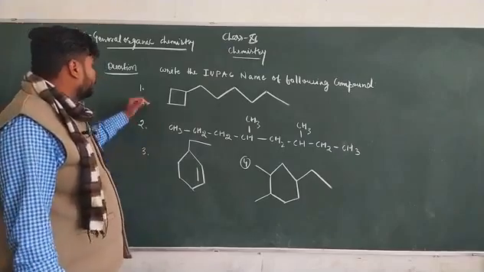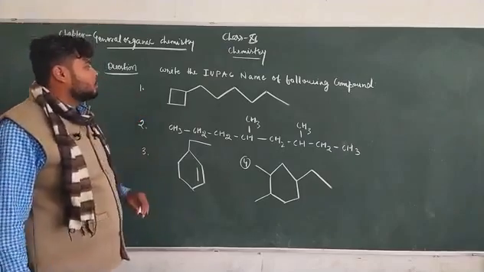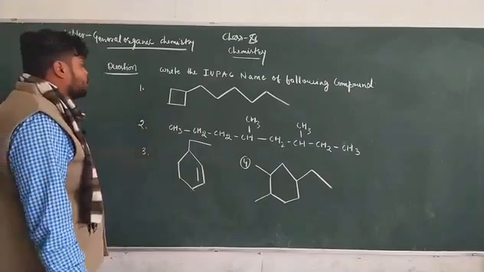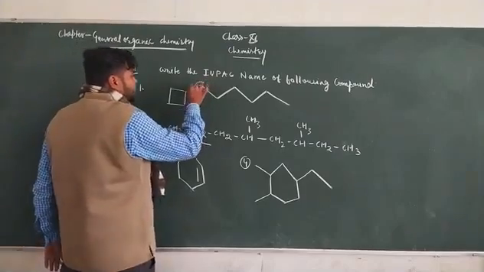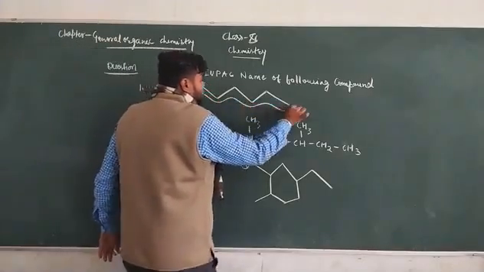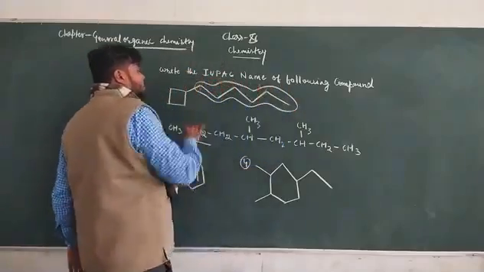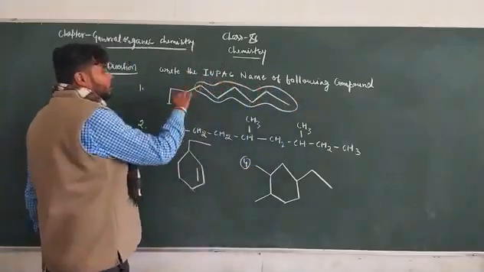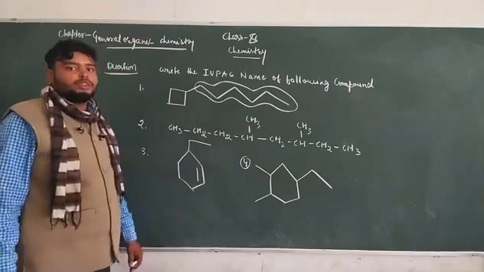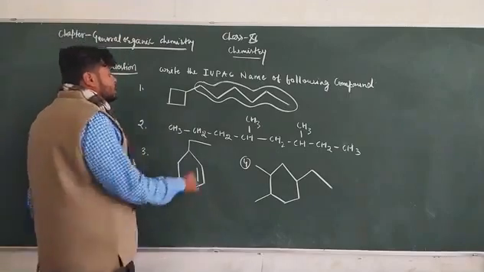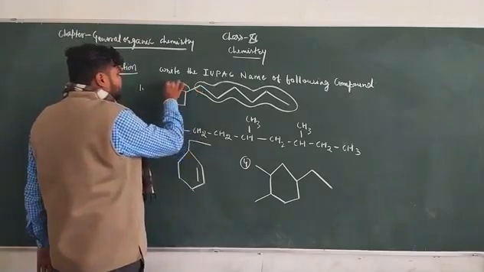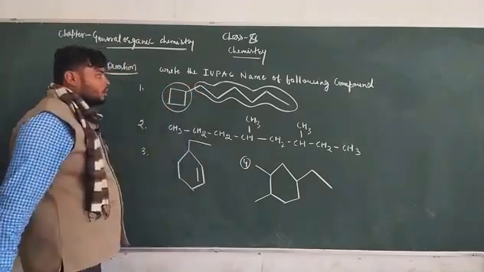So now we have to discuss from this. First of all, we have to select the parent chain like this. After that, we have to judge what the substituent is which is added in this structure.